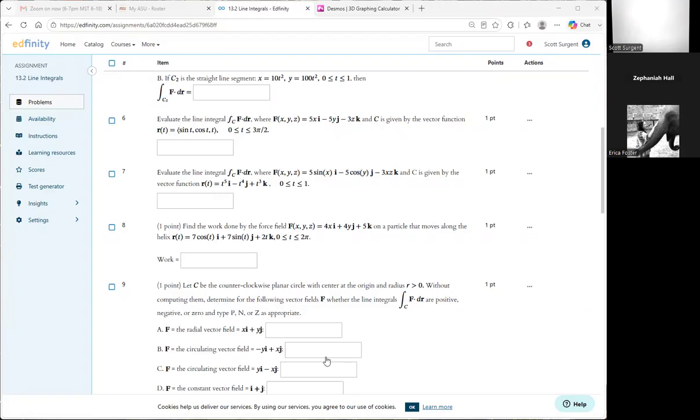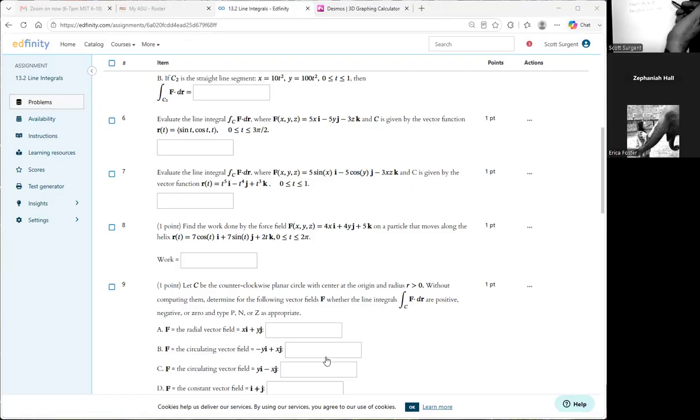13 number 8: find the work done by the force field F of x, y, z is 4x plus 4y plus 5. And we're going to do the helix, which is r of t is 7 cos t, 7 sine t, and just 2t.